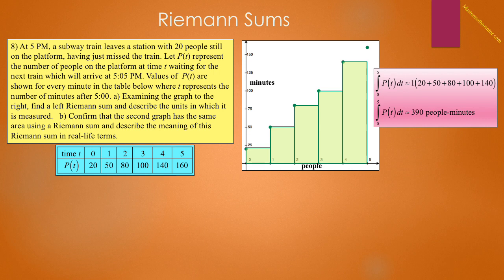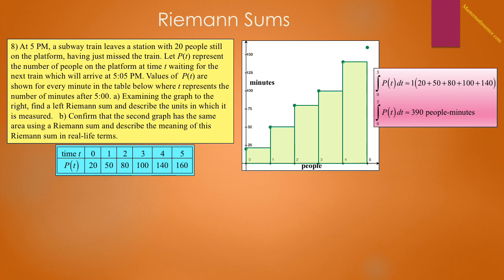Therefore, since our base is 1, our area is equal to 1 times 20 plus 50 plus 80 plus 100 plus 140, and that will be measured in people minutes.